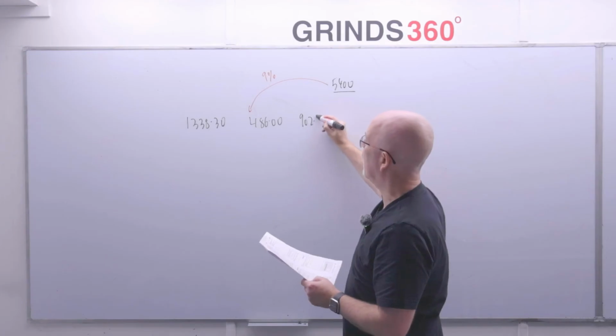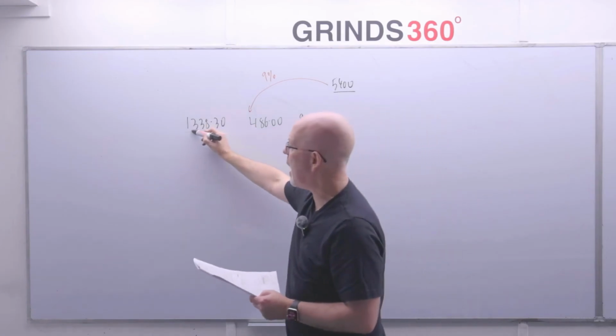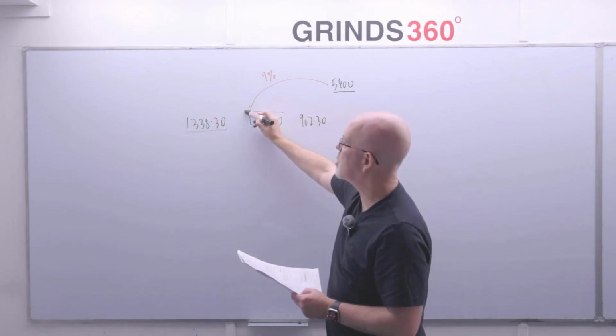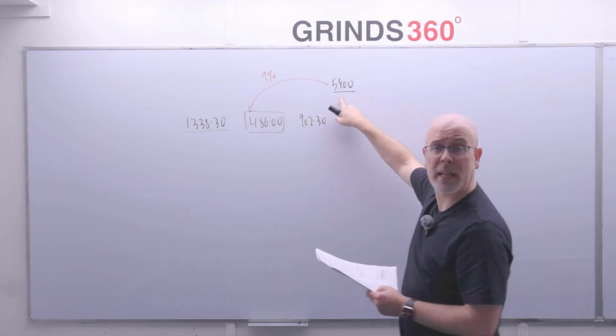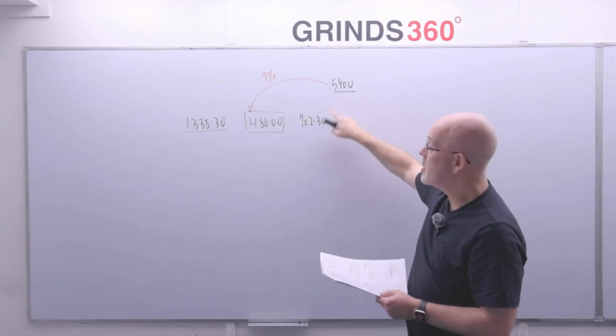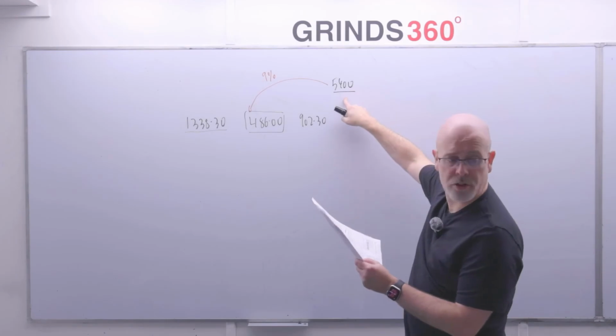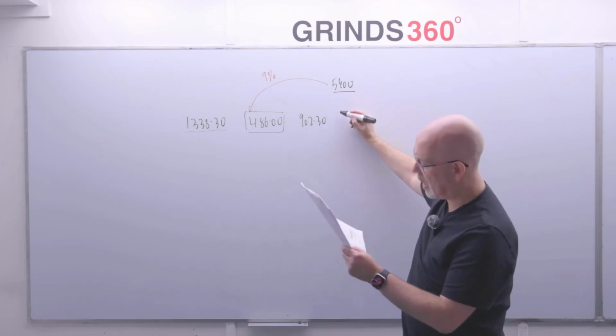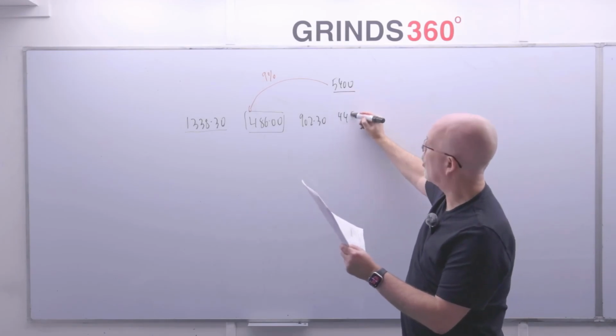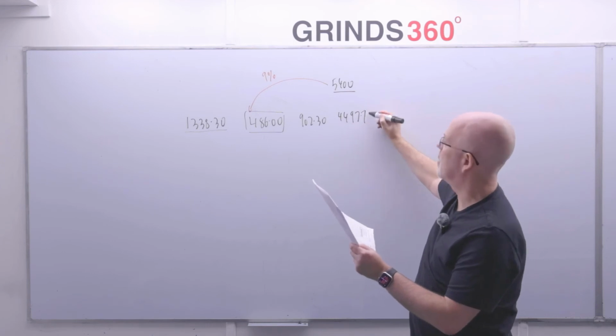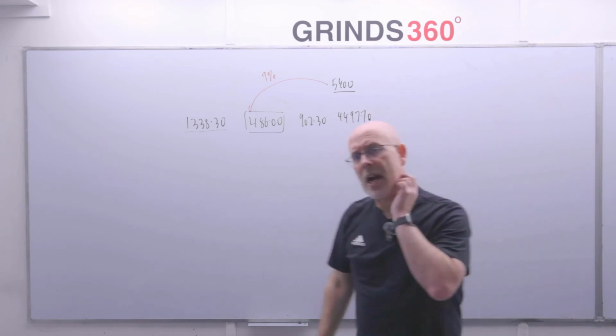That's what's left of the payment when I subtract my interest, and that's what they knock off the balance. So subtract this from 5,400, and we've got 4,497.70.